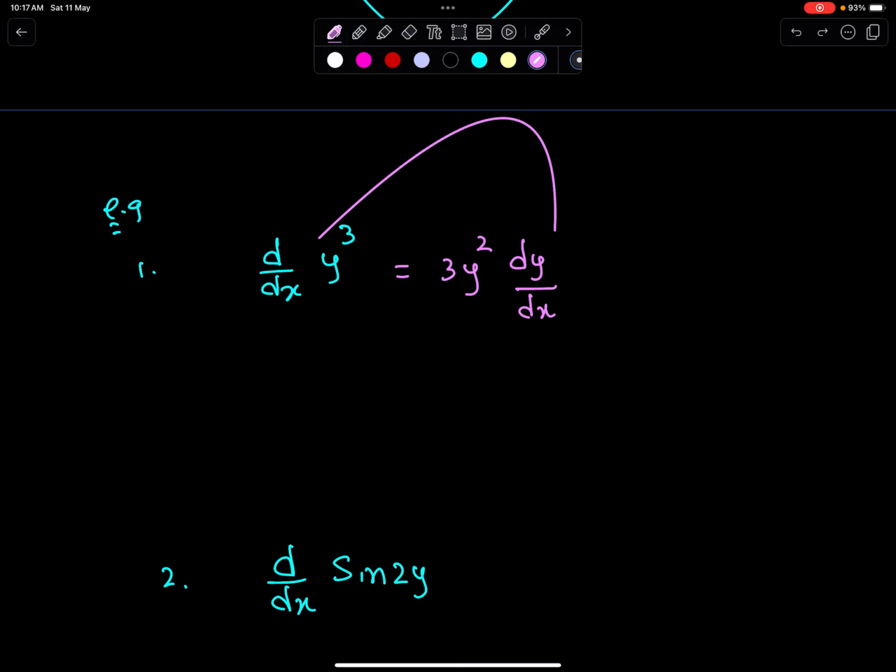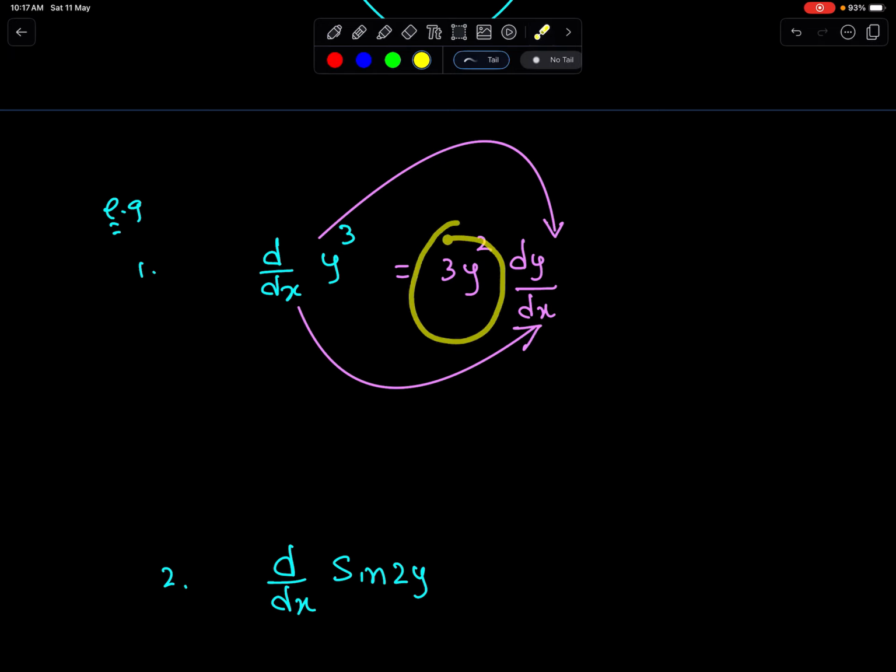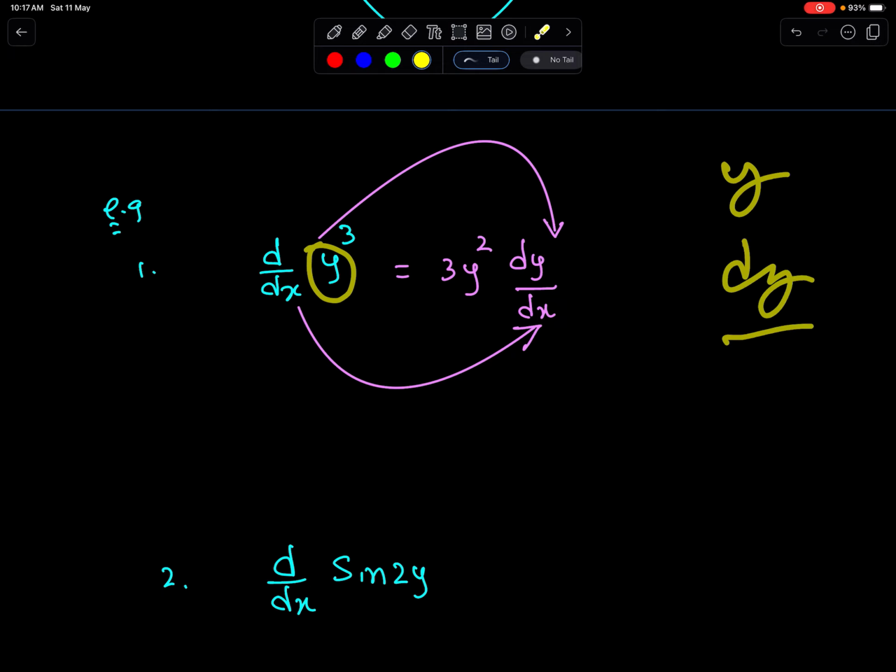Just need to remember in this way. This is the way to differentiate implicit functions. Just remember, you need to multiply your answer with the gradient of this function. Gradient of y is dy upon dx. Just multiply your answer with dy upon dx.